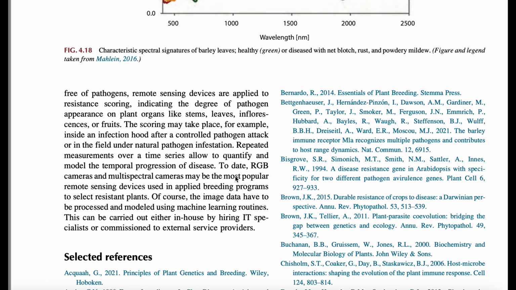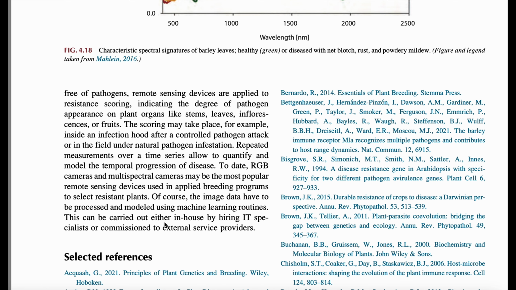Okay, now we know what RGB is. RGB and multispectral cameras may be the most popular remote sensing devices used in applied breeding programs to select resistant plants. Of course, the image data have to be processed and modeled using machine learning routines.